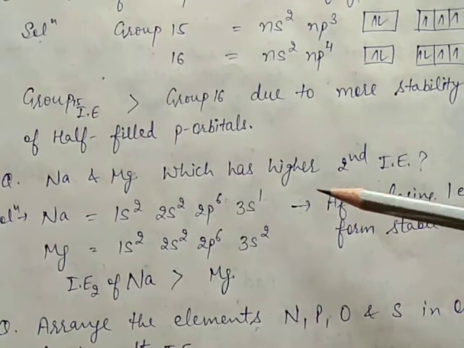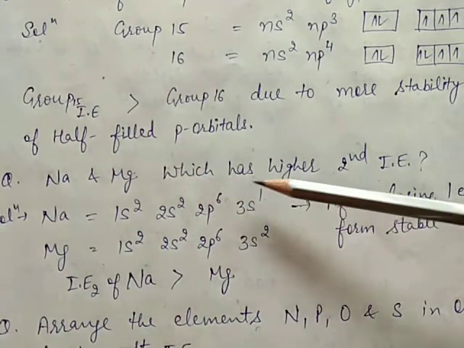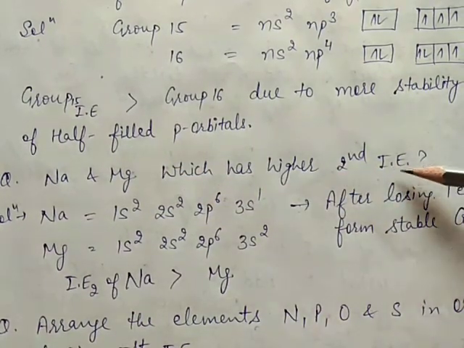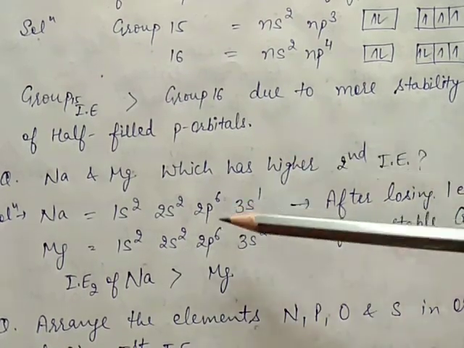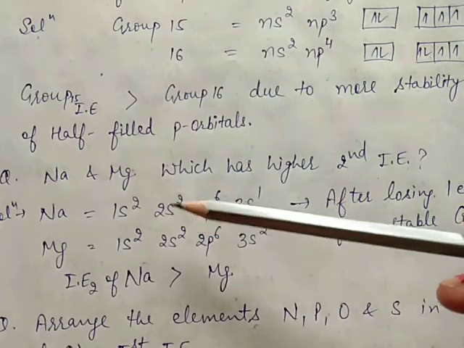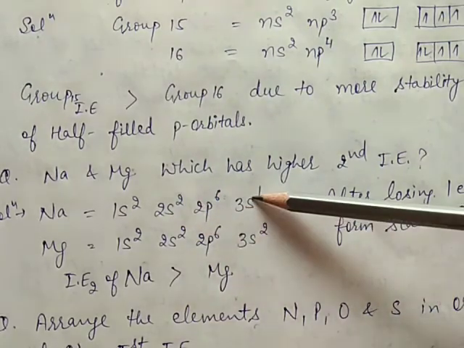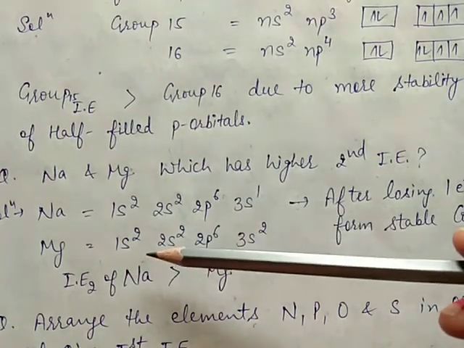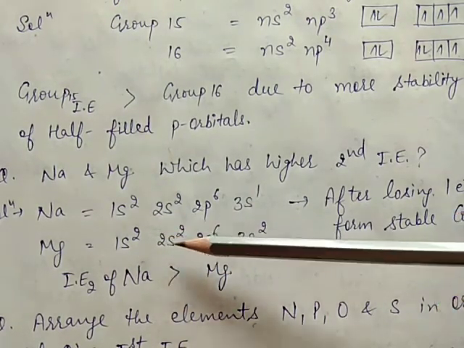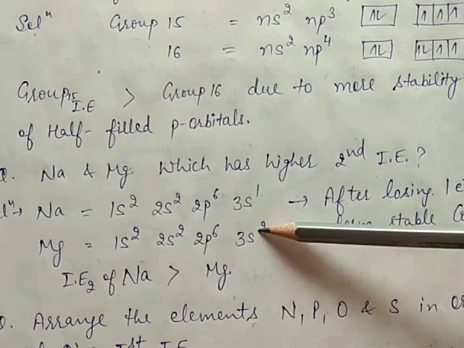Now the next question: sodium and magnesium, which has higher second ionization enthalpy? First of all, we write the configuration. Sodium has 1s2, 2s2, 2p6, 3s1, because it has atomic number 11. Magnesium has atomic number 12, that is 1s2, 2s2, 2p6, 3s2.